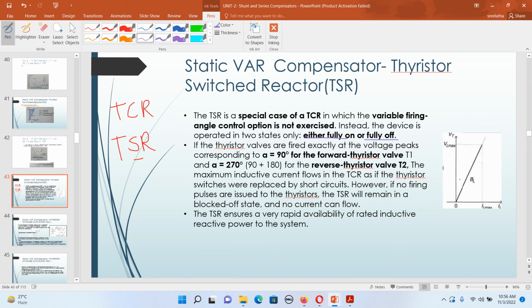If a thyristor valve is fired exactly at the voltage peaks, at alpha 90 for the forward thyristor valve T1 and alpha equal to 270 for the reverse thyristor T2, the maximum inductive current flows. So if you turn on, it will completely go into this position. Otherwise, it will go in this position. There is no middle thing. Only two operating conditions.